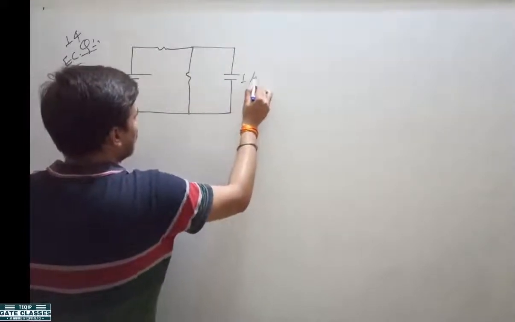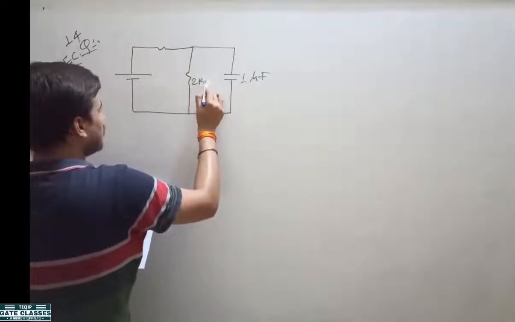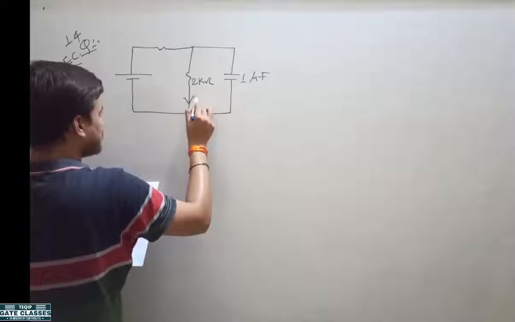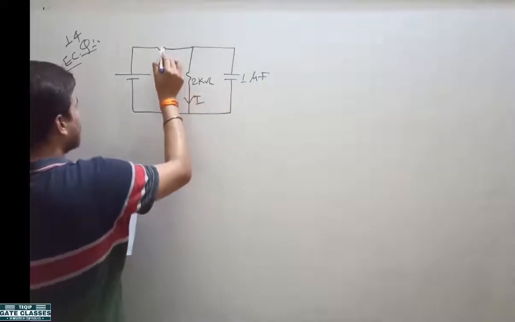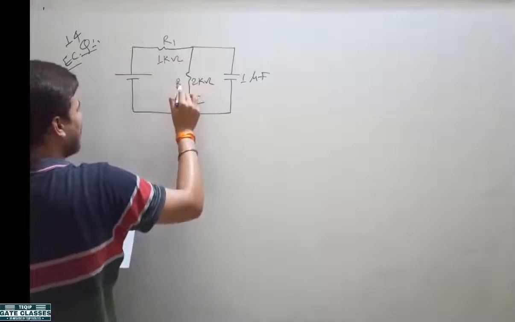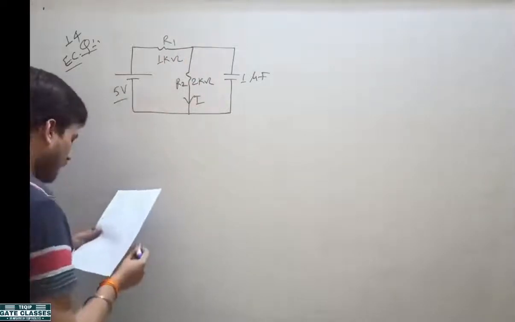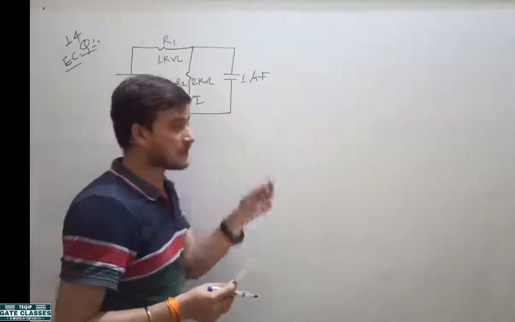One microfarad, 2 kilo ohm, the current is I, 1 kilo ohm, this is R1, this is R2, this is 5 volt. It is saying the capacitor was initially uncharged.